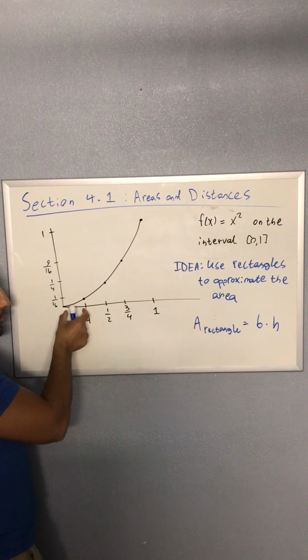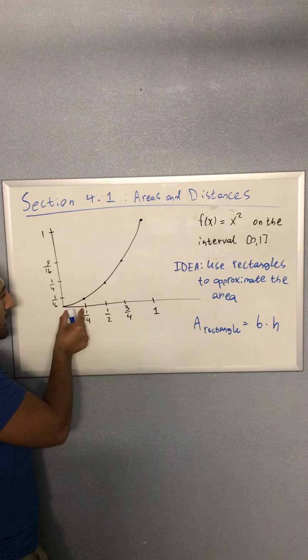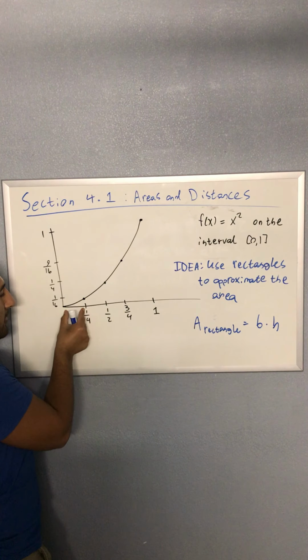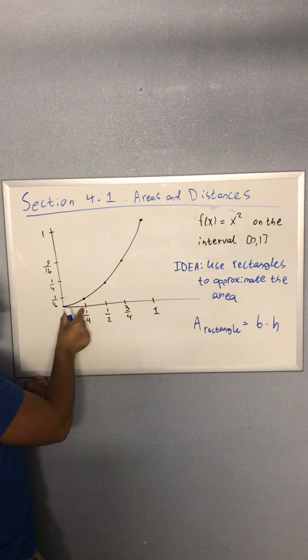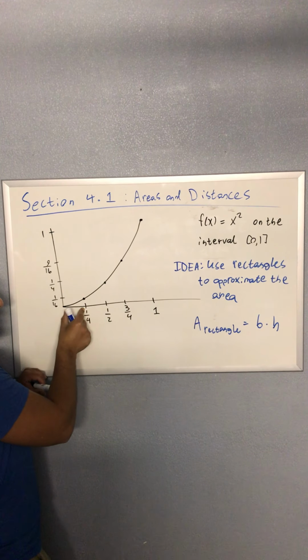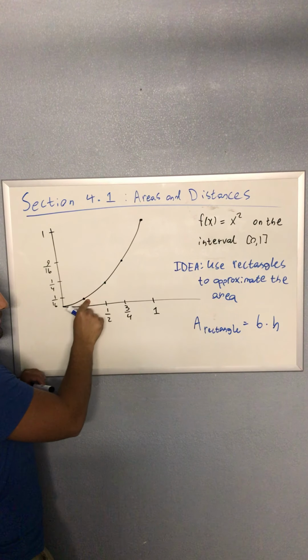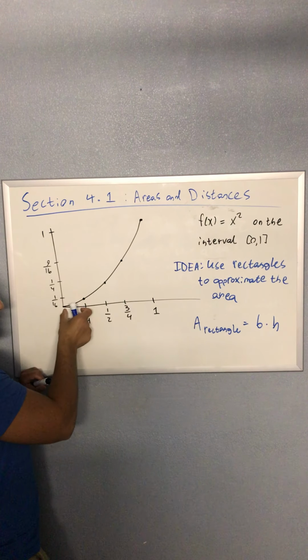So right here, we have some width of 1/4, right? So I can make a rectangle of width 1/4. That's going to be my base. But how high should I go? Well, the function takes on the values anywhere from 0 up to 1/16 in this interval. I can use any of these to determine the height.